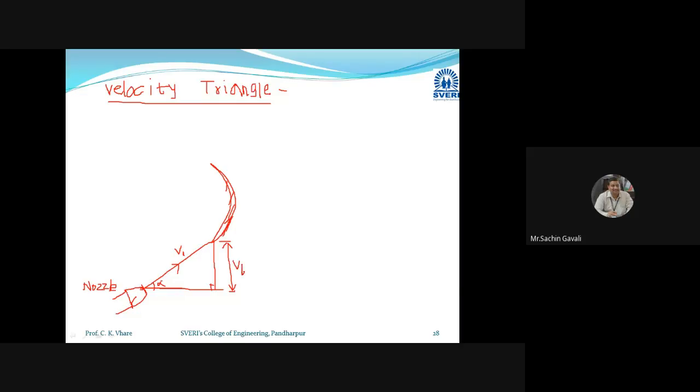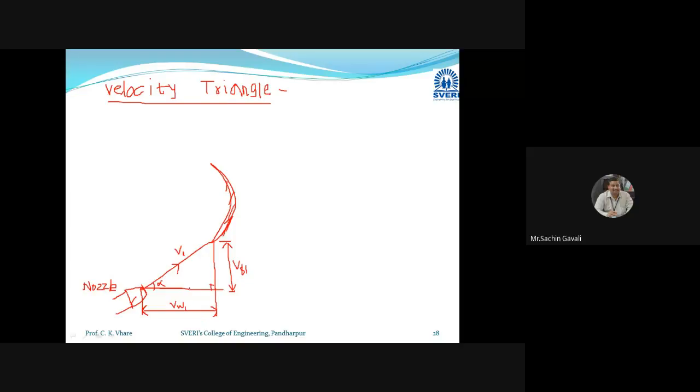This is called the flow component at inlet. The horizontal component is called VW1, because this is the velocity triangle at inlet, hence the suffix is 1.